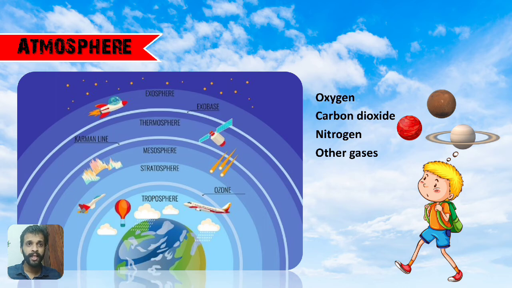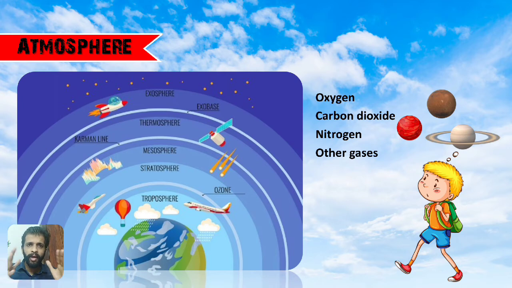Probably yes, some of them do have an atmosphere, but the kind of gases that make up that blanket for those planets is completely different. So atmosphere is nothing but a blanket of gases, and it can be a combination of different gases. Some can be harmful gases or they can be very good.